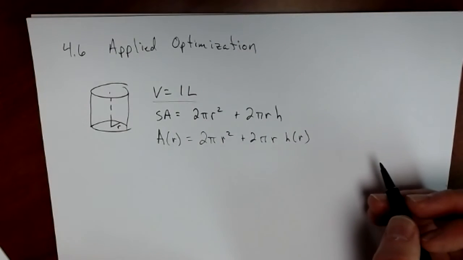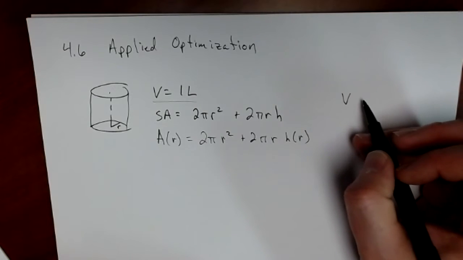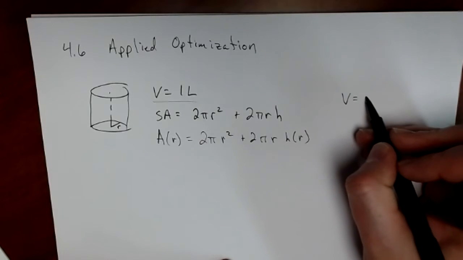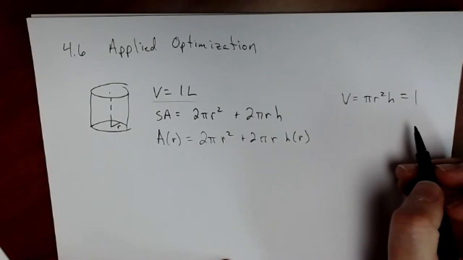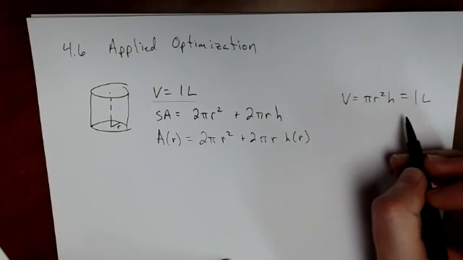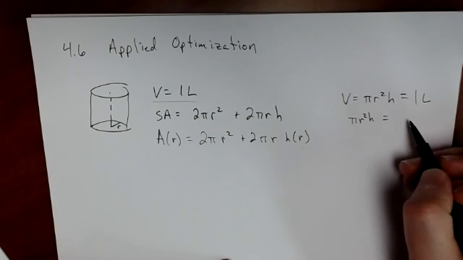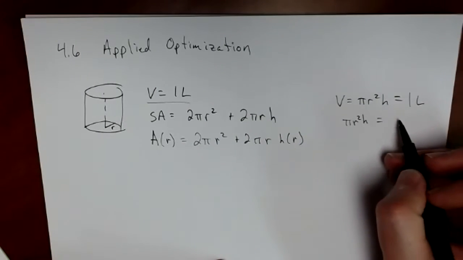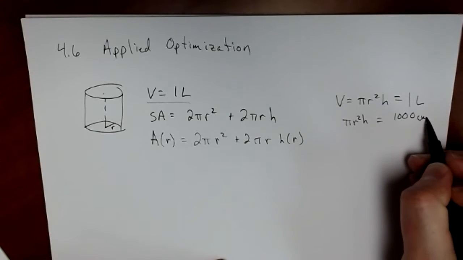Well, we know that the volume needs to be 1 liter, and the volume of a cylinder is pi r squared h. So that's equal to 1 liter, which is equal to 1,000 cubic centimeters.